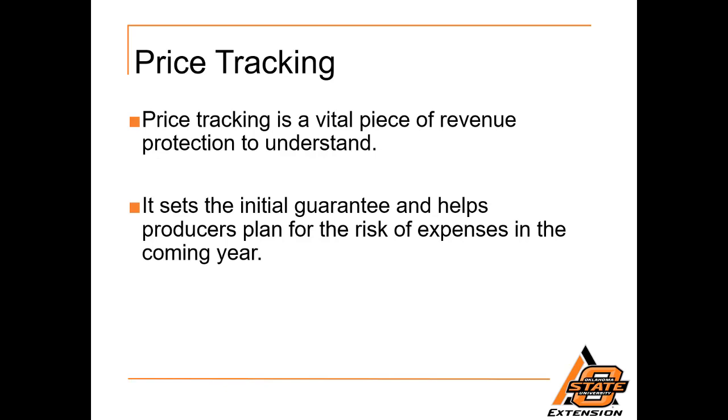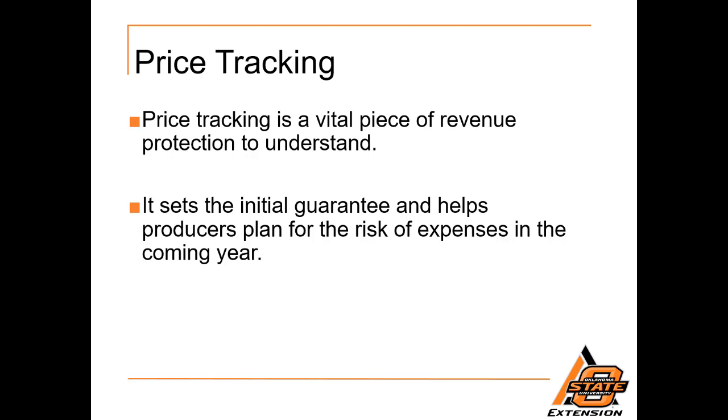So price tracking is a vital piece of revenue protection to understand. Again, in the previous slide I went through that just a little bit, but it sets the initial guarantee and helps producers plan for the risk of expenses in the coming year. So as producers who are familiar with revenue protection will know, as we go into the planting period for winter wheat, we will have a general idea of what our guarantee is going to be.